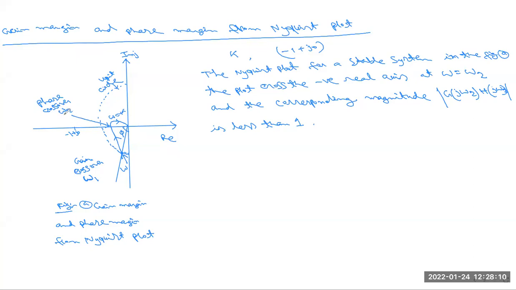This omega 2 we express as the phase crossover frequency. And we also have to calculate the magnitude of the Nyquist plot. This is expressed as G(j omega 2) H(j omega 2), and its value is always less than 1 for the stable system.